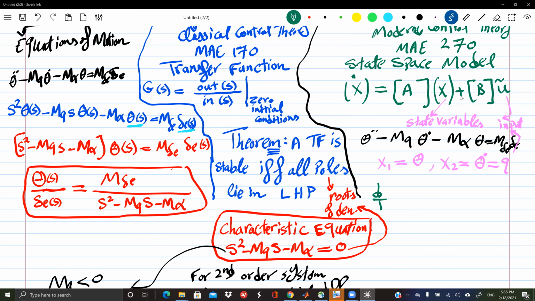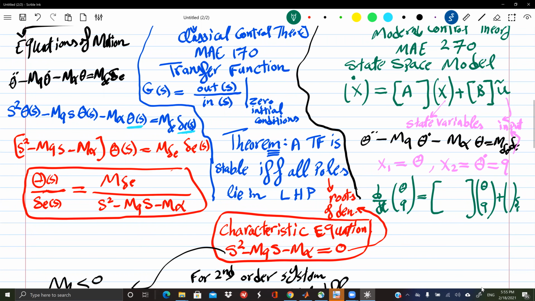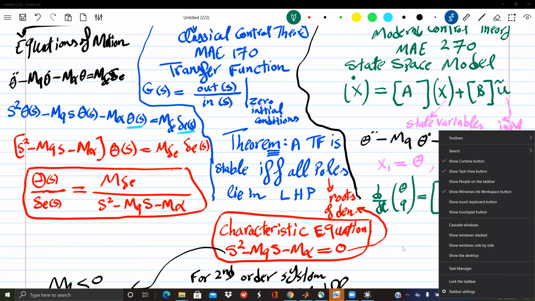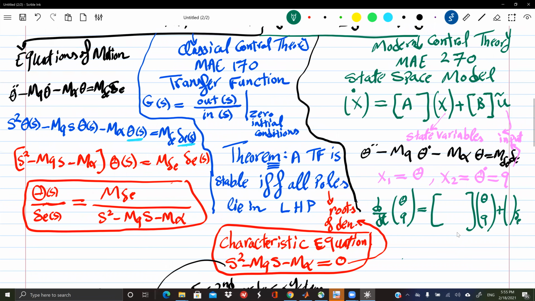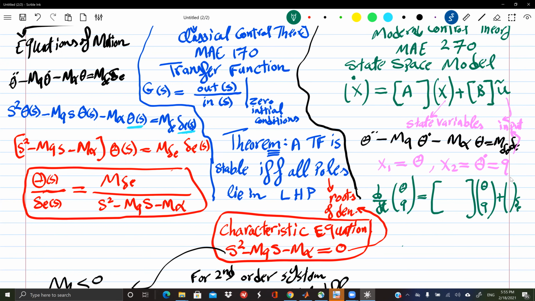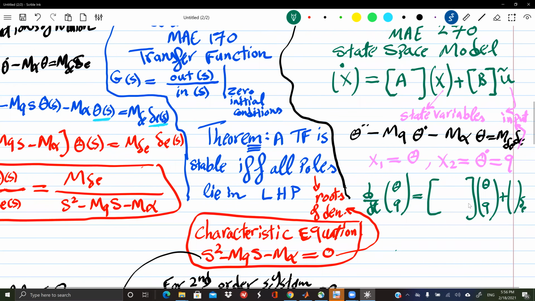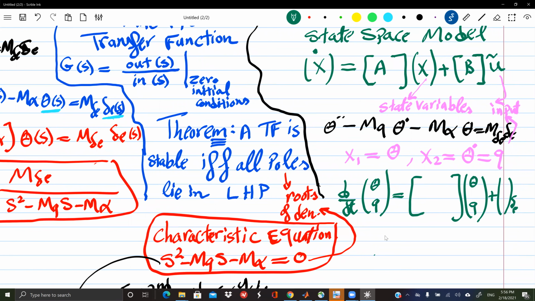It's d by dt of your state variables, which are theta and q, equals something times your state variables, which are theta and q, plus something times your input, which is delta elevator, right? And let's fill these matrices together. Maybe you can zoom here. Okay. So let's do it together.